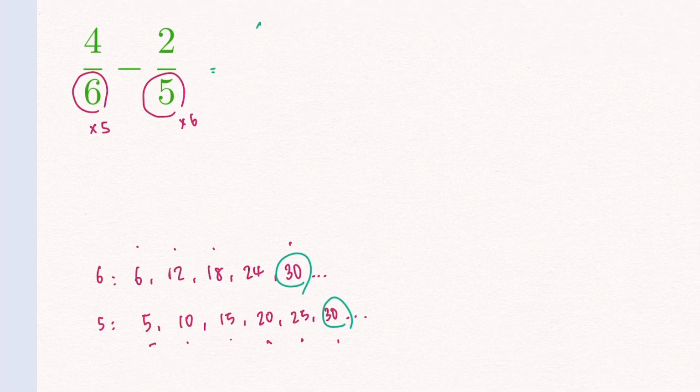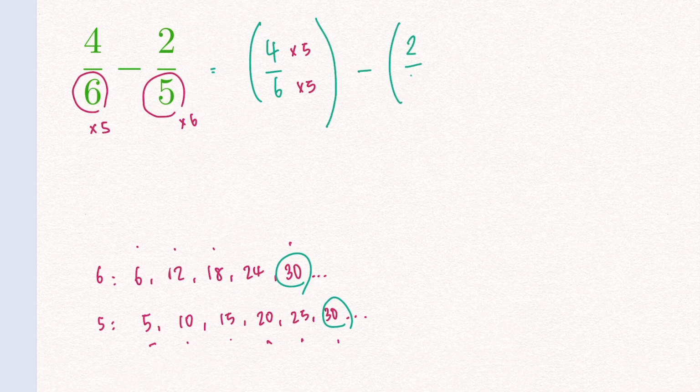So first fraction, 4 over 6, we will times both the numerator and the denominator by 5, and minus second fraction 2 over 5, and we will times both the numerator and the denominator by 6, and calculate. 4 times 5 over 6 times 5, that gives us 20 over 30, minus 6 times 2 and 6 times 5, that gives us 12 over 30. And so the answer is 8 over 30.